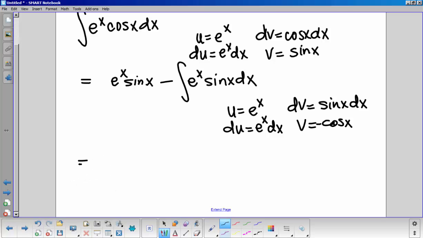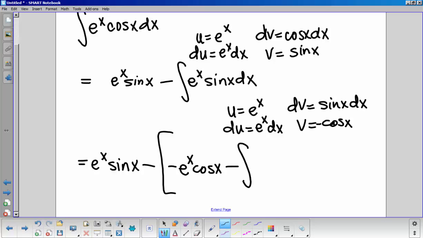All right, here we go. So this is e to the x sine x minus now this new integral, uv minus the integral of v du, right? Which is going to be, did we do this right? Yes. Negative e to the x cosine x minus the integral of e to the x cosine x, but that's negative, so what does that become?